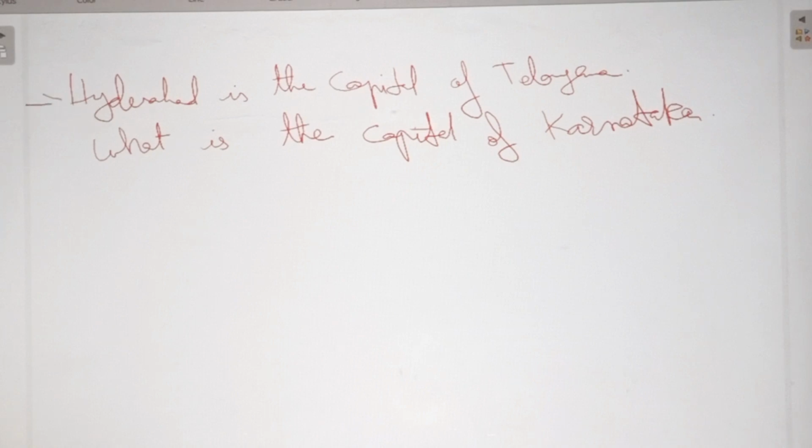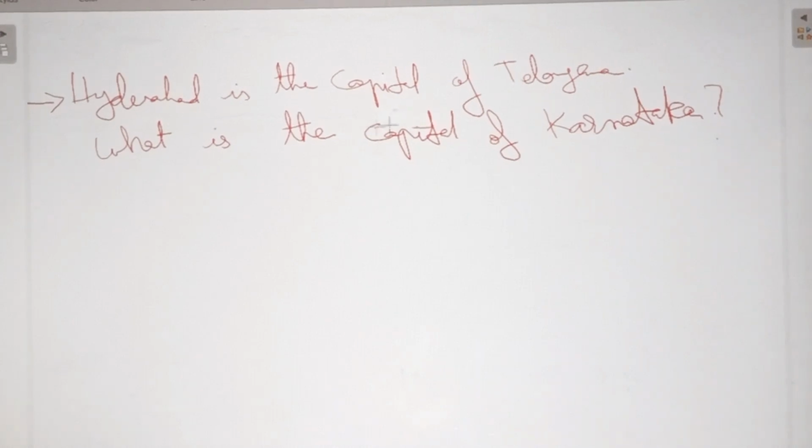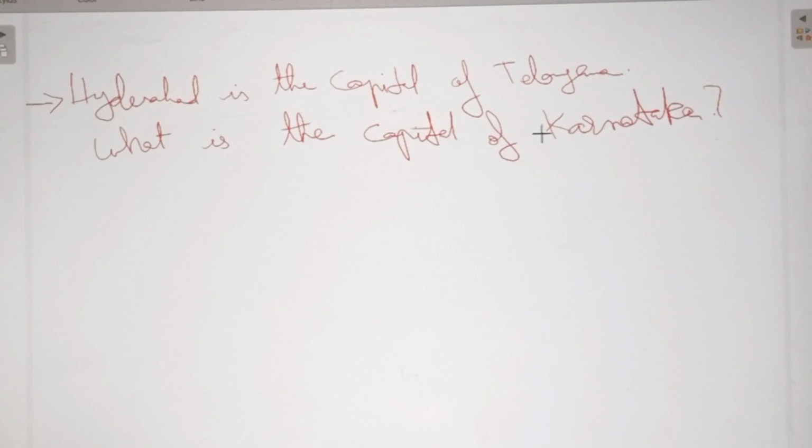Now this is the prompt and this is the query. You can think of it as a prompt itself. The complete prompt is: Hyderabad is the capital of Telangana, and what is the capital of Karnataka? I am asking this question. Now look at this sentence. What happened? This is observed.